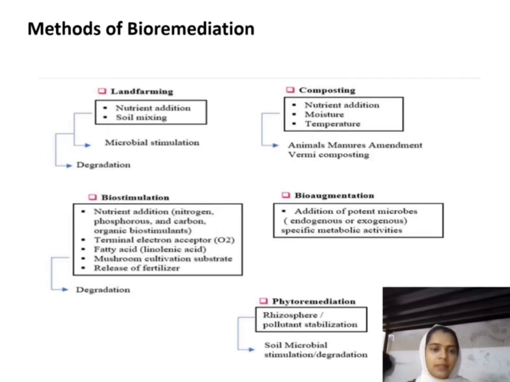The major methods of bioremediation of crude oil contaminated soil are land farming, composting, biostimulation, bioaugmentation, and phytoremediation. For land farming, we need nutrient addition and soil mixing. It means we take a large amount of contaminated soil and add a layer of sludge to it, and we mix the soil and stimulate the microbial population, and it starts degrading.